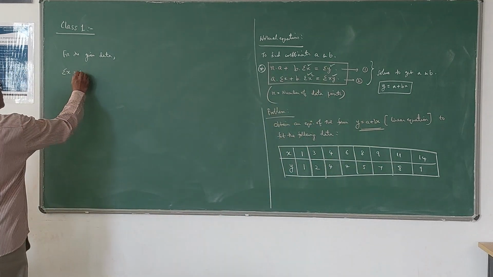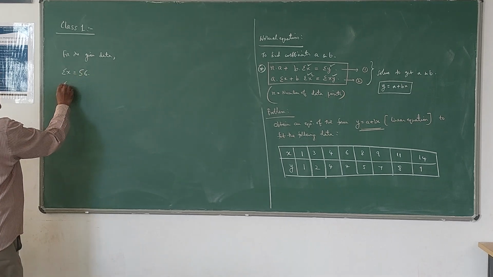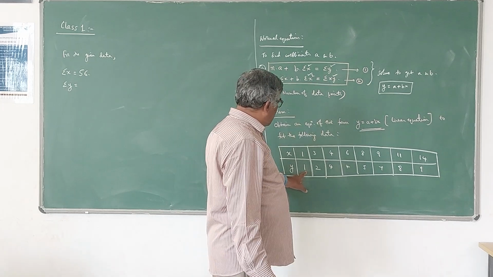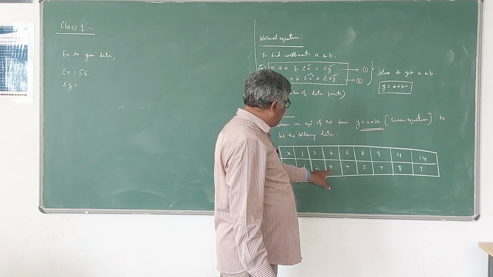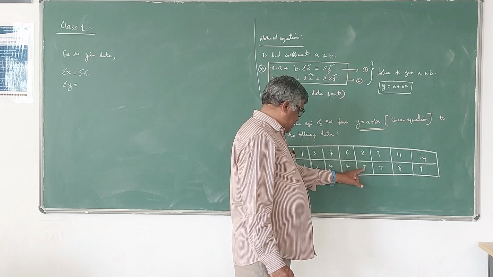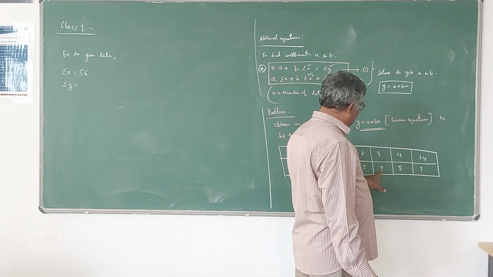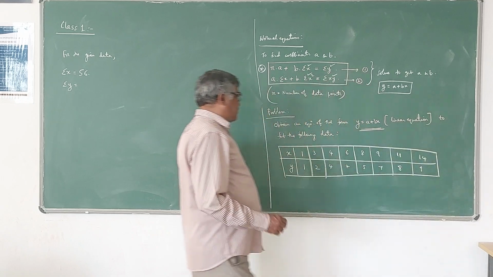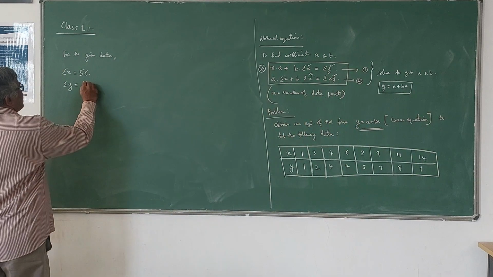Sigma x becomes 56. Sigma y, we add these things: 1 plus 2, 3, 3, 7, 7 plus 4, 15, 11, 11 plus 5, 16, 23, 23, 31, 40. So sigma y is 40.